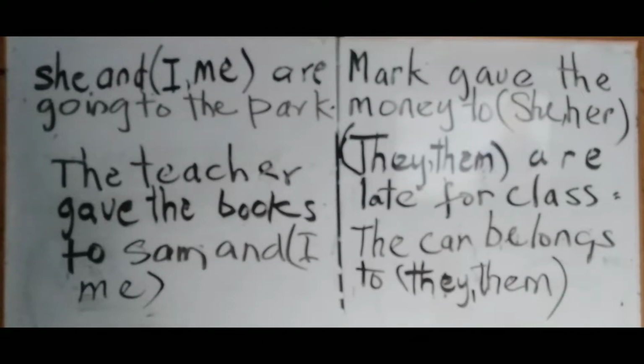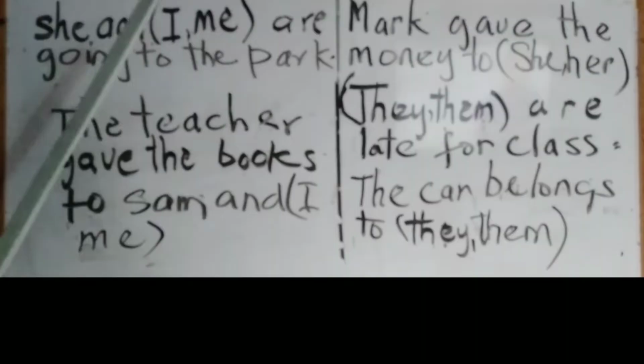Here we have some sentences, and we're going to choose the correct personal pronoun, whether it is a subject pronoun or an object pronoun. The first sentence says, she and I, me, are going to the park. Is the pronoun acting as a subject or an object?